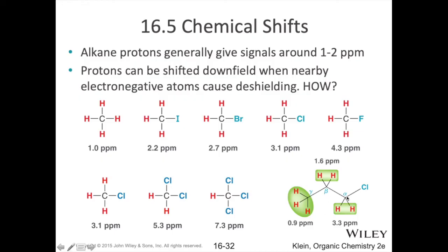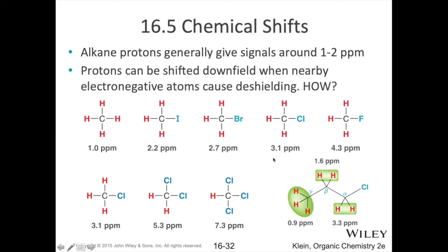In this example, you can see that the signals for various protons show up further and further upfield as you get further away from the electronegative chlorine that causes the deshielding. Here we have these two protons that are 2 bonds away from that chlorine, attached to that alpha carbon, and they show in that 3 ballpark, the 3.3.